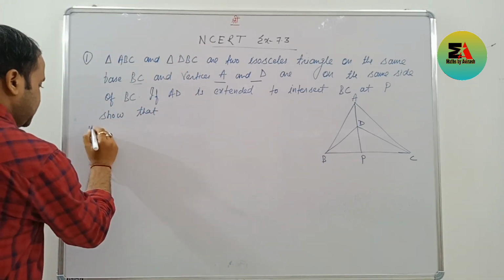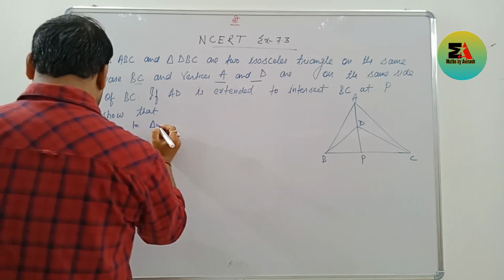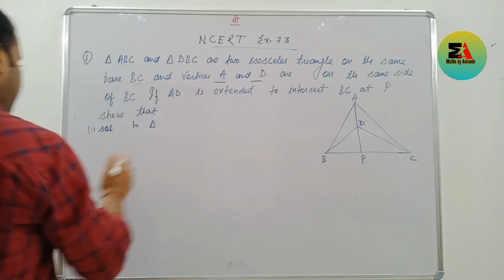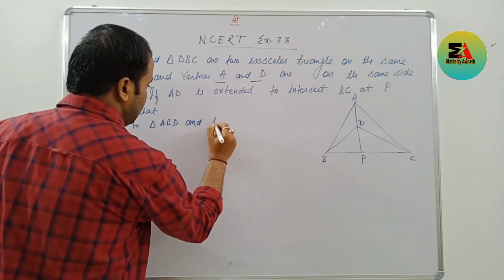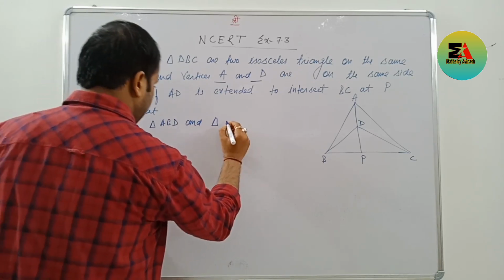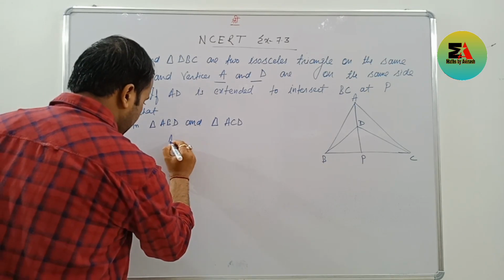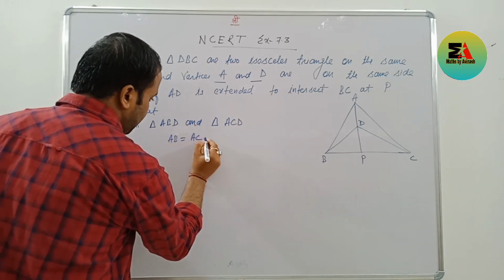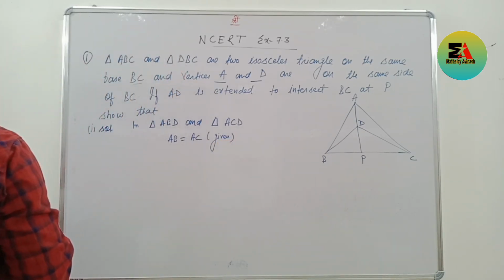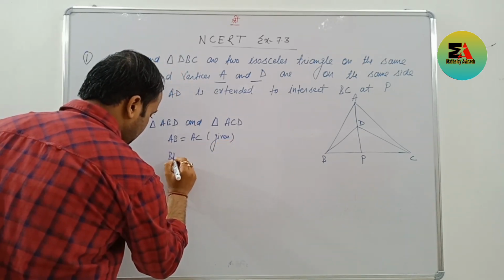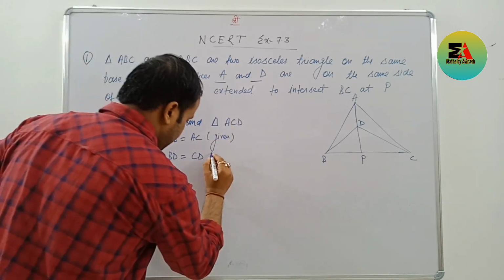Our first case, solution of the first. In triangle ABD and triangle ACD, AB is equal to AC. This is given. BD is equal to CD. This is already given.